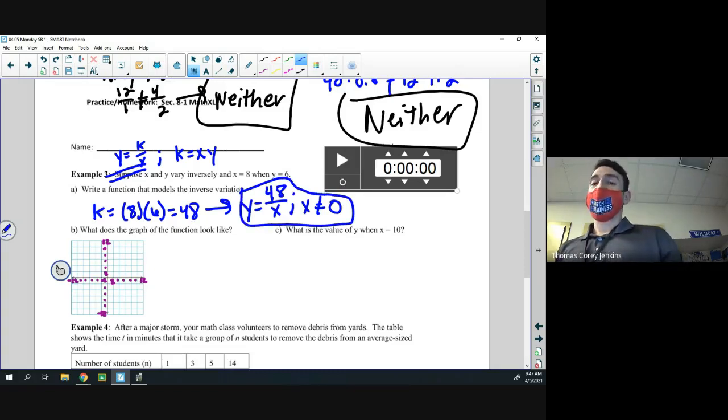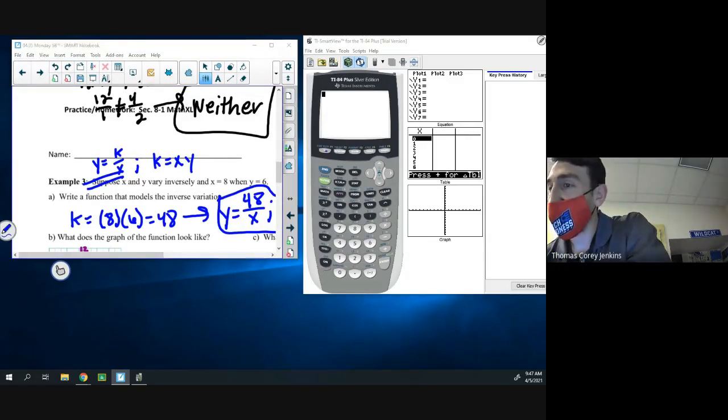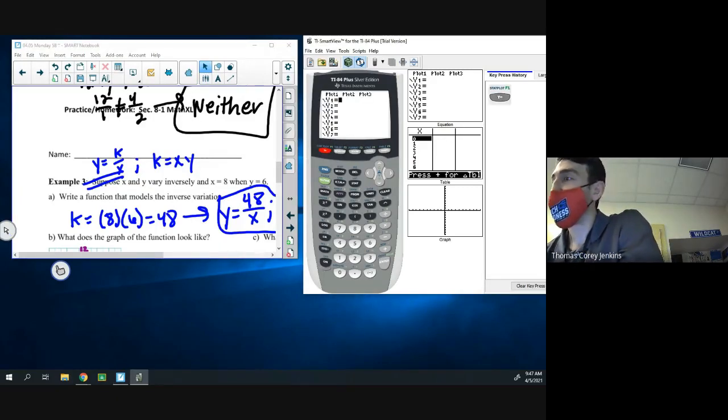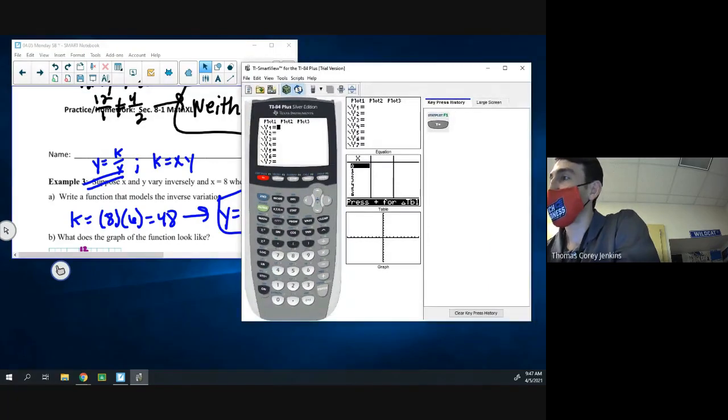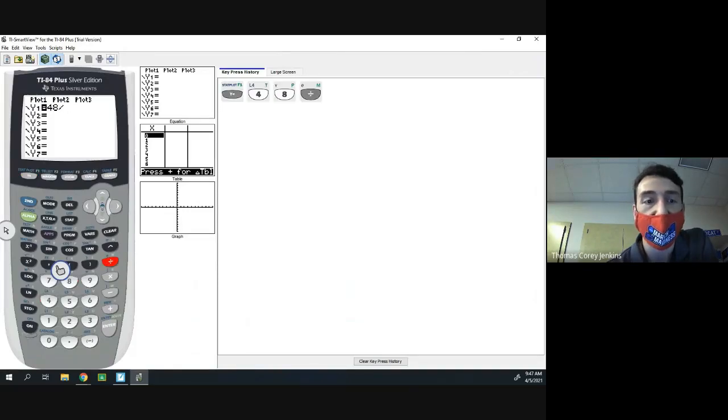Instead of making an XY chart, we're going to use our graphing calculator. Y equals 48 over x, so I'm going to go to y equals and enter 48 divided by x.